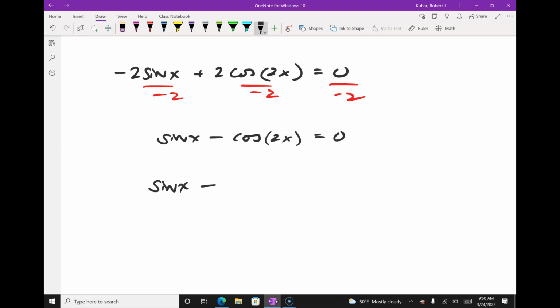So sine x minus 1 minus 2 sine squared x equals 0. Anybody have their formula sheet with them? Is that correct? Yeah, I have an answer.